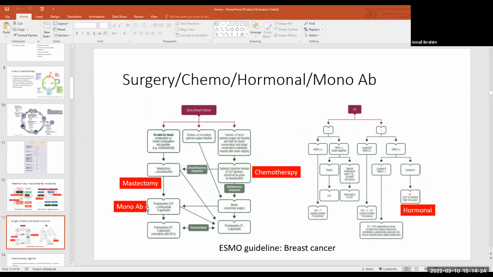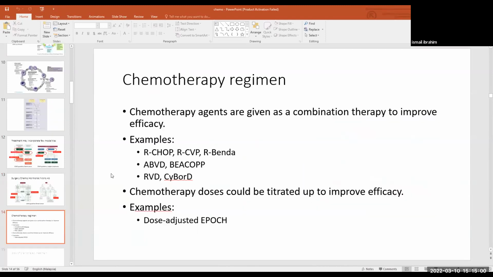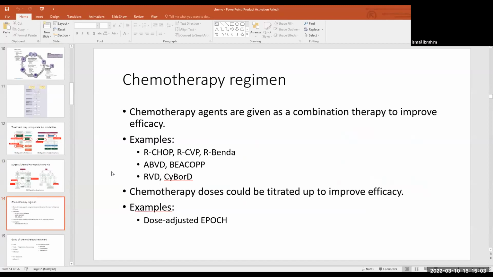For example, giving a monoclonal antibody like HER2, trastuzumab, or giving chemotherapy before surgery to reduce the size, and following that procedure, the patient may continue on hormonal therapy afterwards for 2 years, 5 years, depending on their receptor status. So it's a combination of modalities in treating cancer.